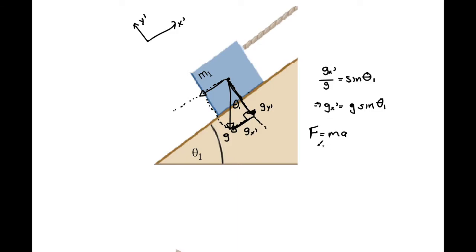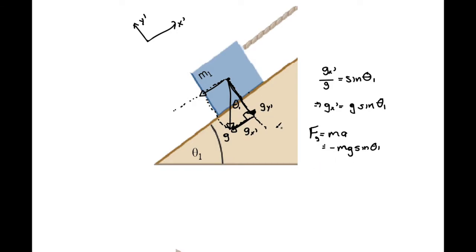So we'll write the force of gravity as equal to minus m g sine theta 1, right? And that's our force due to gravity.